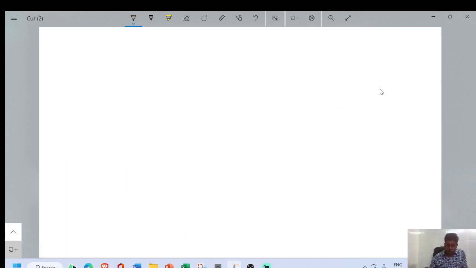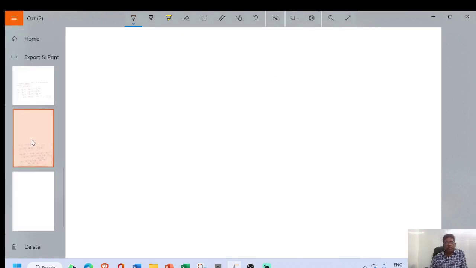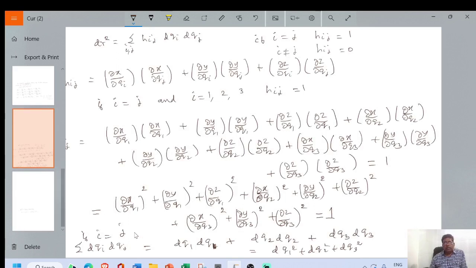Therefore, put all these values in the equation. dr square is equal to summation over hij into dqi dqj. If i equal to j, summation over hij equal to 1. See the previous case. Here, if i equal to j, then these are all the values.